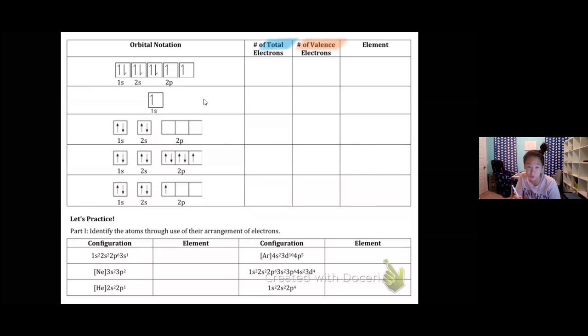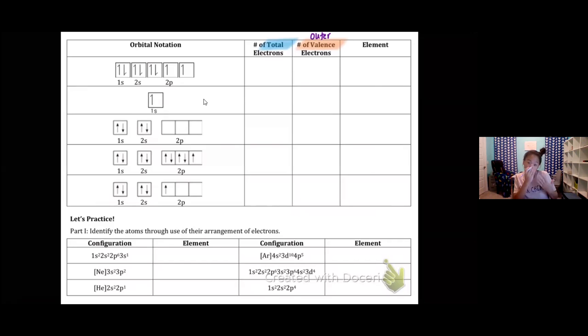There is a difference between the two, right? Total means how many arrows do you have total, right? Valence is basically how many electrons do you have on the outermost, in the highest energy level, okay?